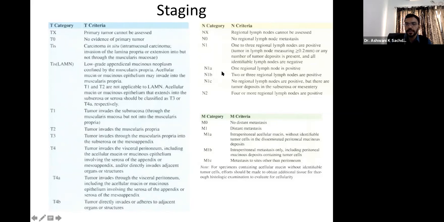Nodal staging, N1A is 1 lymph node positive, N1B 2 or 3 lymph nodes positive, N1C without lymph node but there are tumor deposits in the mesentery, N2 is 4 or more lymph nodes are present.